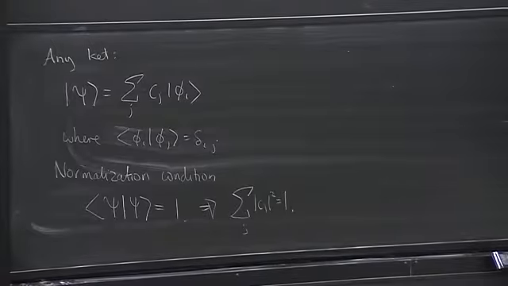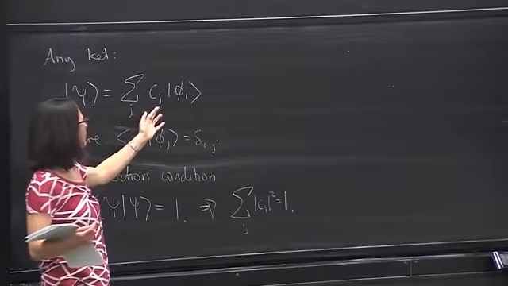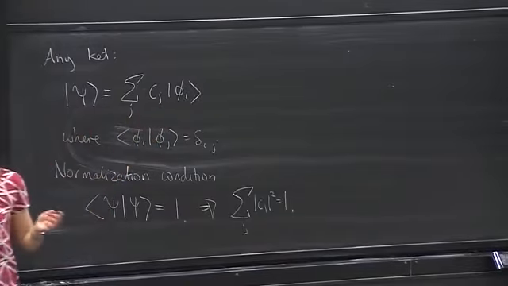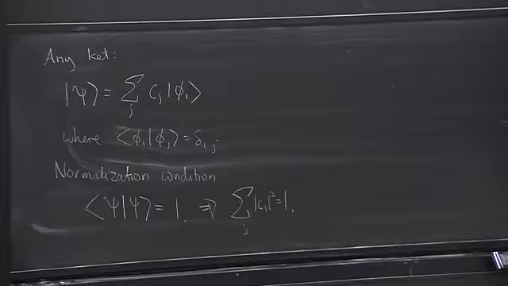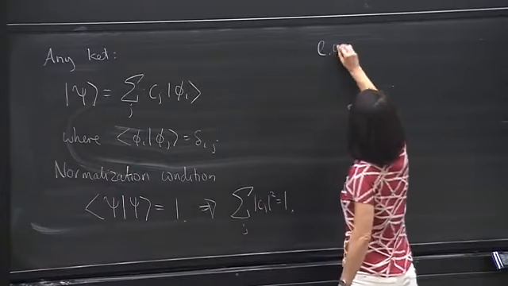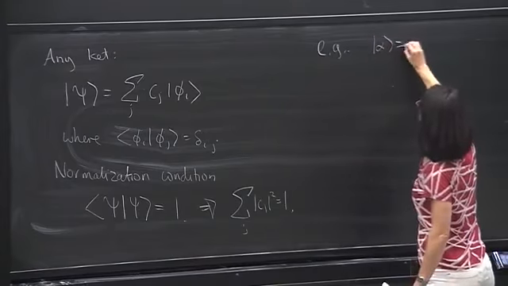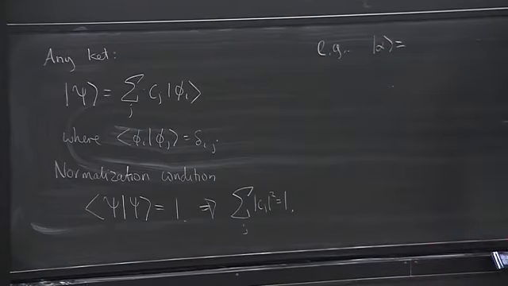So maybe you can volunteer some examples of states of physical systems that we've encountered that have been represented in orthonormal bases. Coherent state? Yeah. And what was the basis that they were represented in?